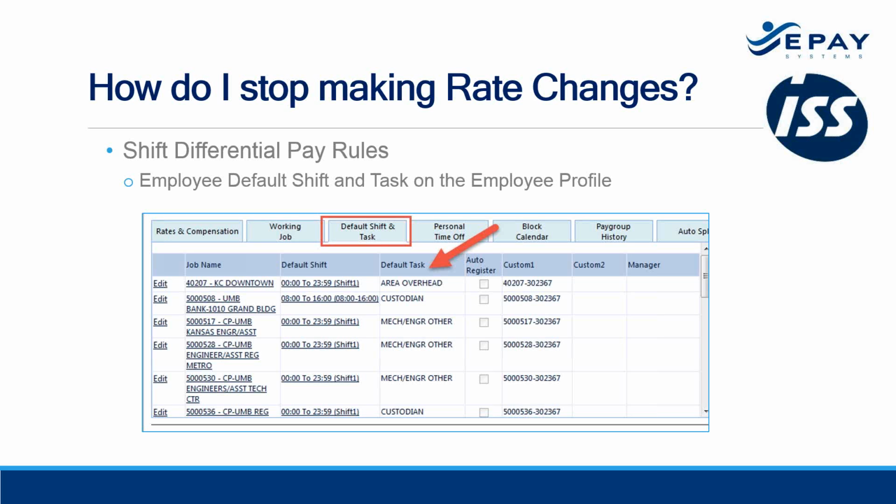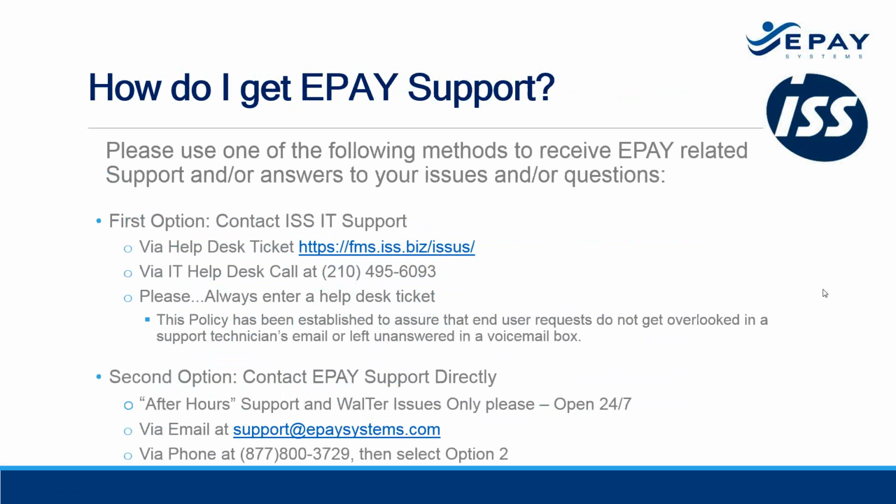So this is a very powerful tab that we have to make sure is showing correctly, especially the task portion of it, because we use a lot of allocation as far as our general ledgers are concerned on that default task. Like I said, we'll use that form in a couple of weeks to actually address this on a formal webinar.